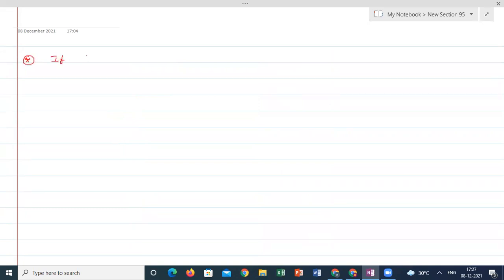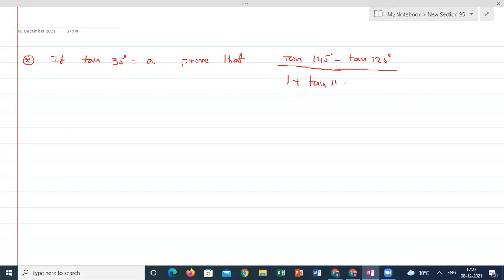If tan 35 is equal to a, prove that tan 145 minus tan 125 divided by 1 plus tan 145 into tan 125 is equal to 1 minus a square by 2a. Please try to solve this question.